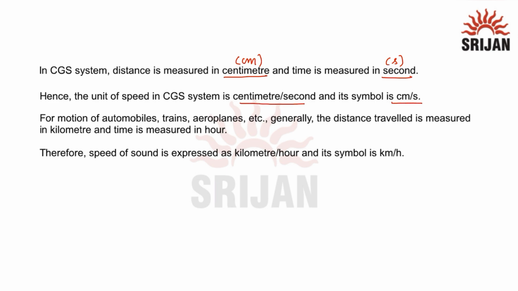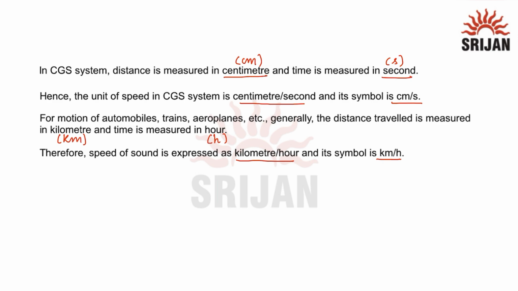For vehicles like cars, trains, and airplanes, generally the distance traveled is measured in kilometers, that is km, and the time is measured in hours. So the speed is expressed as kilometer per hour, and its symbol is km per h. This is useful for larger distances, as it measures kilometers traveled in an hour.